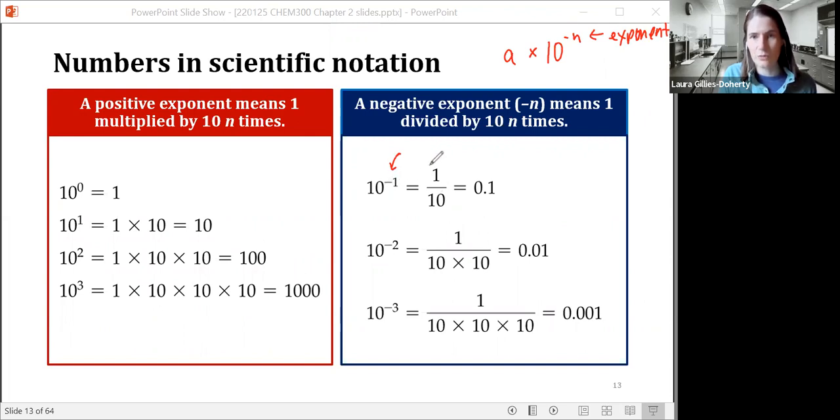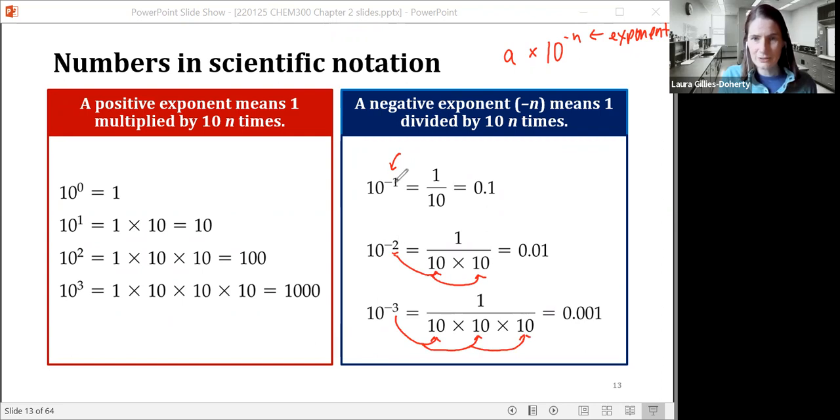So 10 to the negative 1 means it's 1 divided by 10, 10 times itself one time. 10 to the negative 2 means it's 1 divided by 10 times itself 2 times. 10 to the negative 3, that's 1 divided by 10 times itself 3 times.